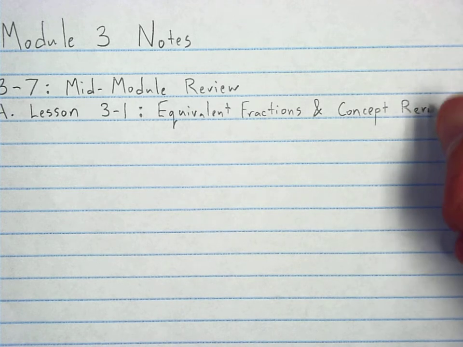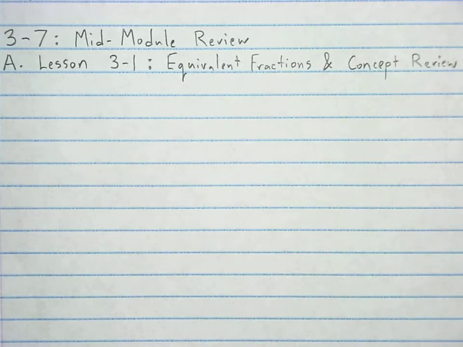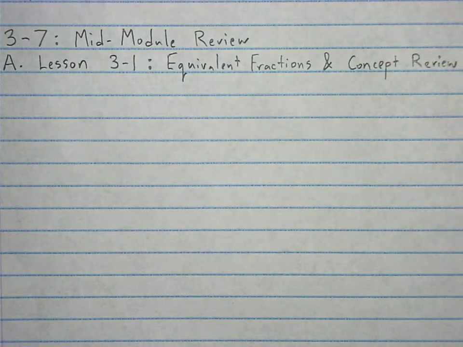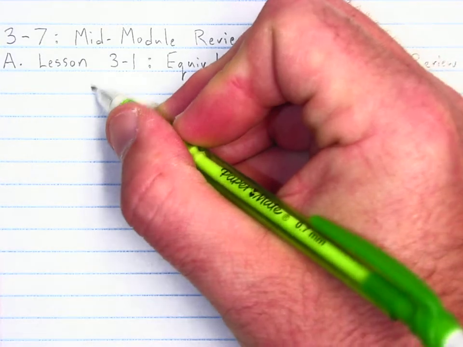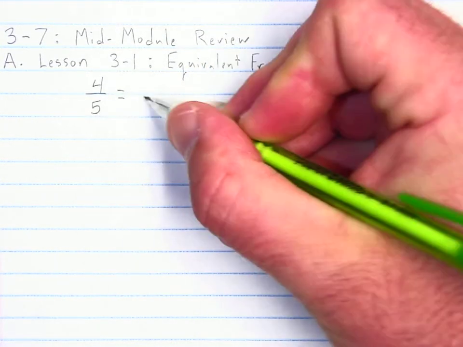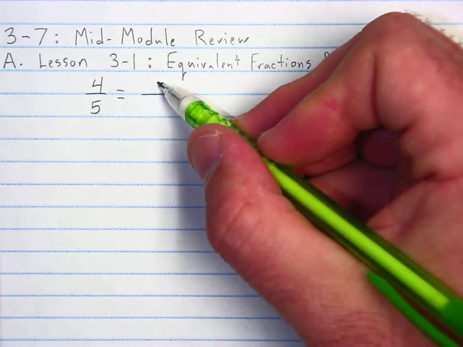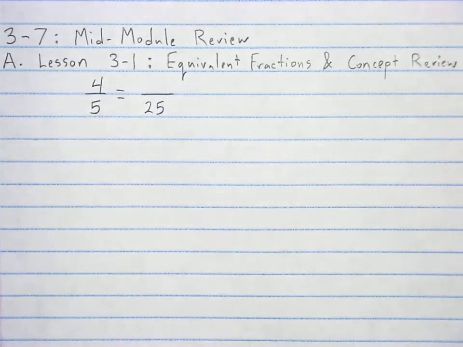The kinds of questions that you can expect to see on the test are going to be, I'll give you one fraction, I'll say that it's equal to something with blank numerator, find the numerator. I'll show you. Okay. If I give you something that looks like this, let's say 4/5 is equivalent to something over 25.